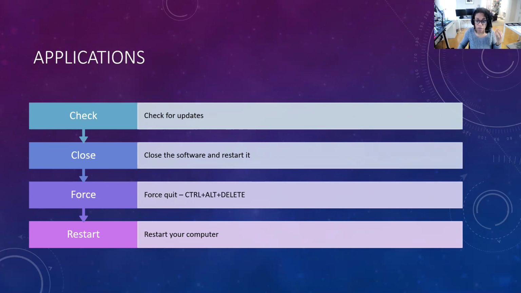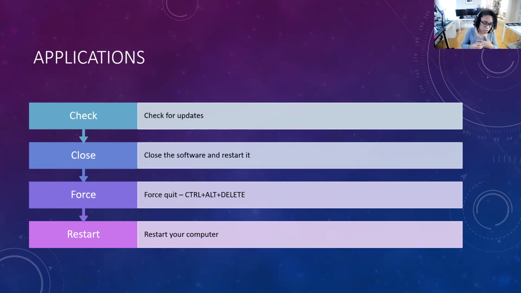So, if you're having trouble with a desktop application, consider checking for updates. Try to close the software and restart it. Sometimes that'll fix your problem. If that doesn't work, if it's completely frozen and you can't go to File and then exit out like you normally would, or you can't push the X, you may have to force quit the software.